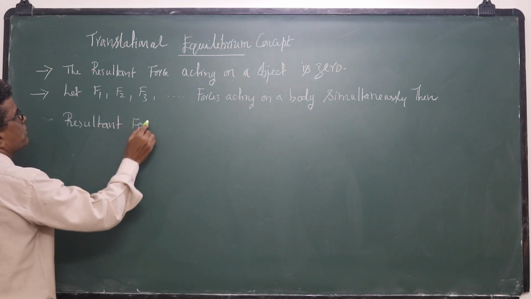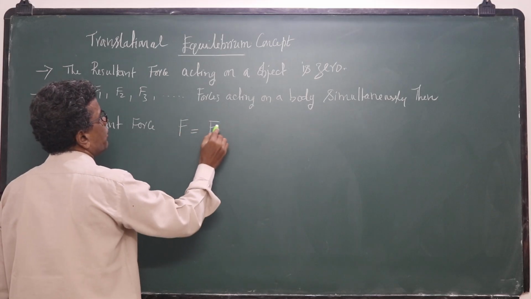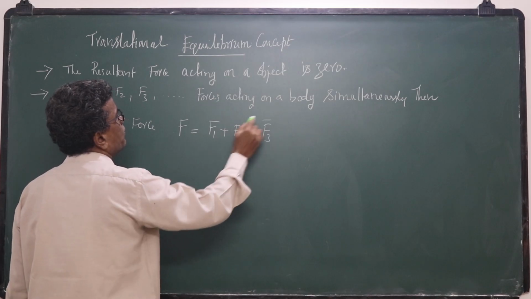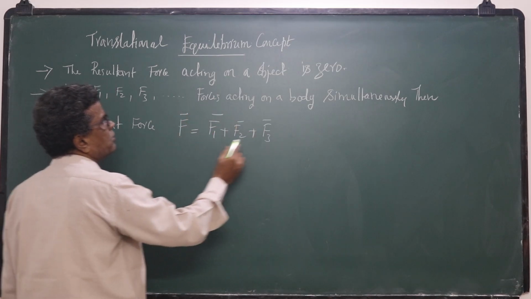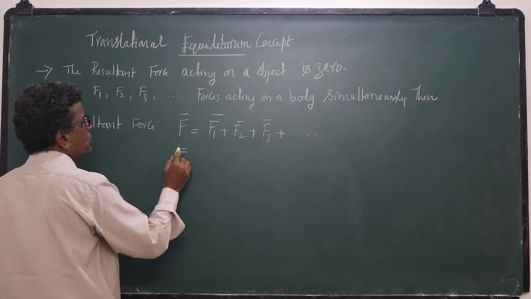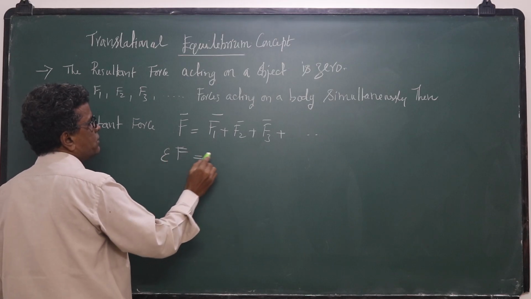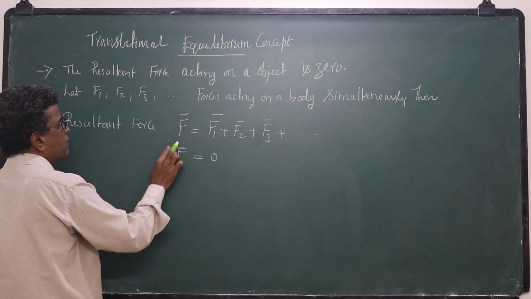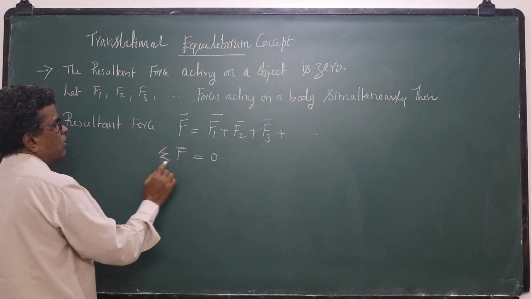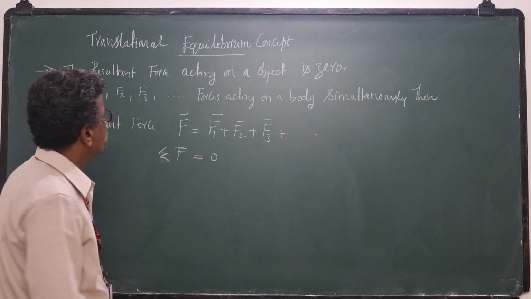The resultant force F is equal to F1 plus F2 plus F3 and so on. This resultant force is the summation of all the forces, sigma, and it should be zero.